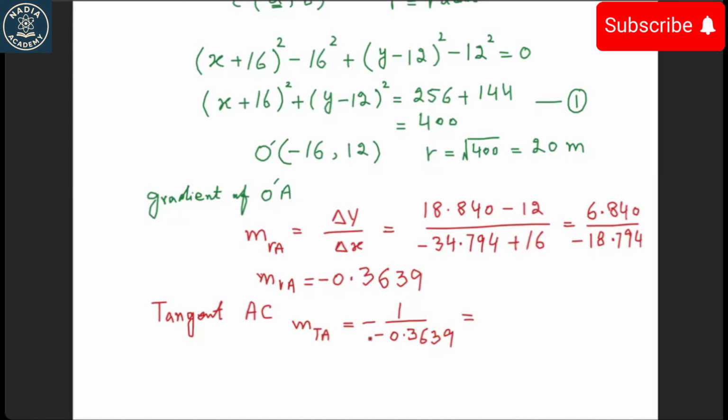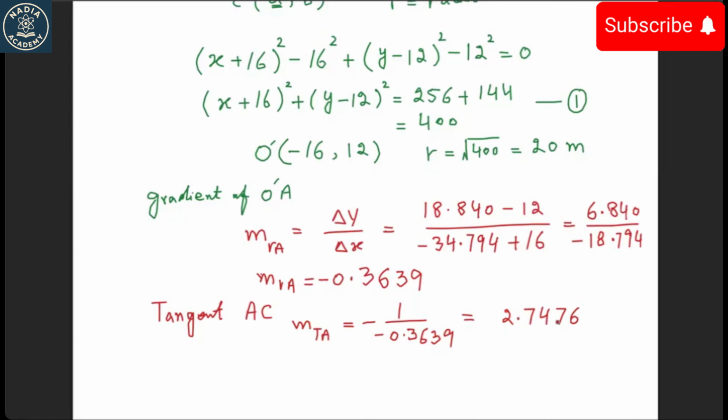Now, this negative will be cancelled with the negative, and now we will get this answer, which is 2.7476, because we need to go down to a millimeter. So we should have at least four decimal points. So we have here four decimal points.